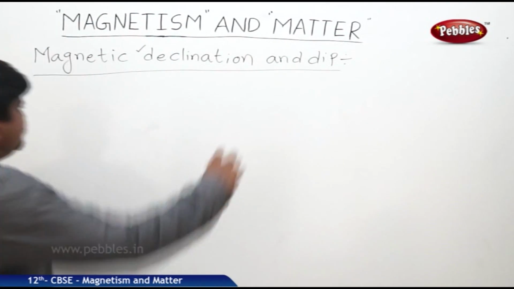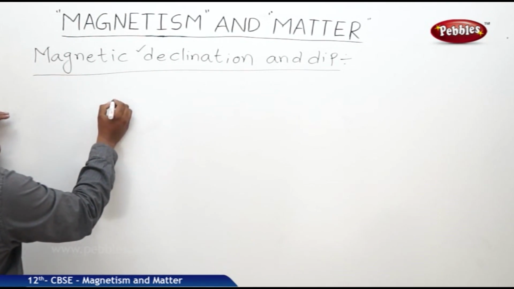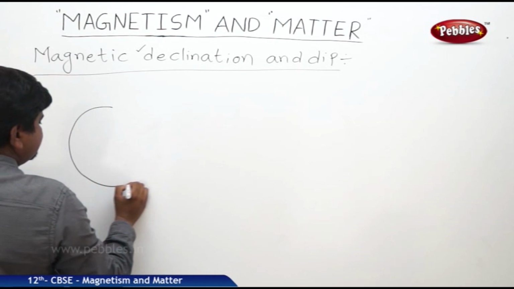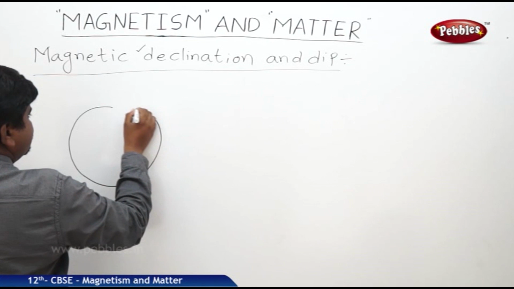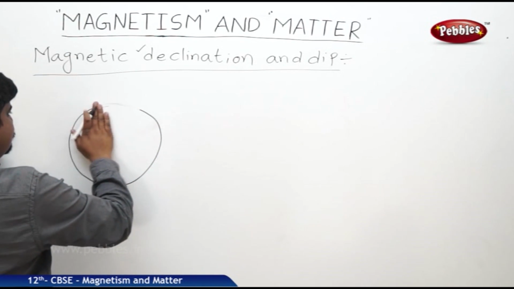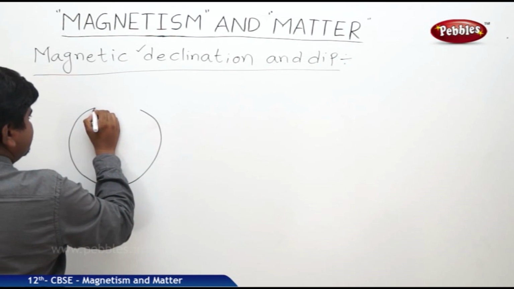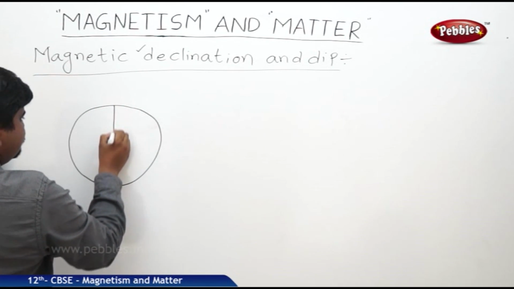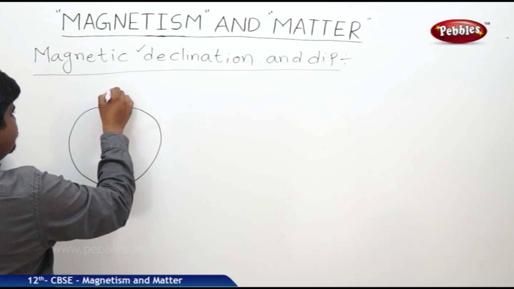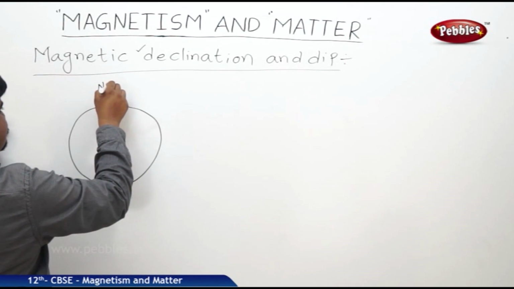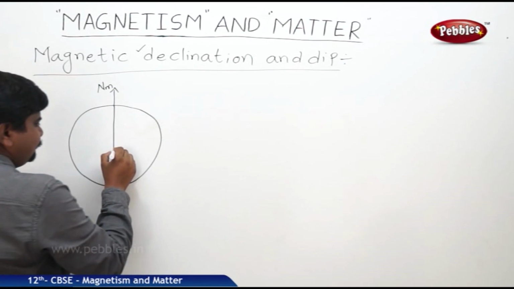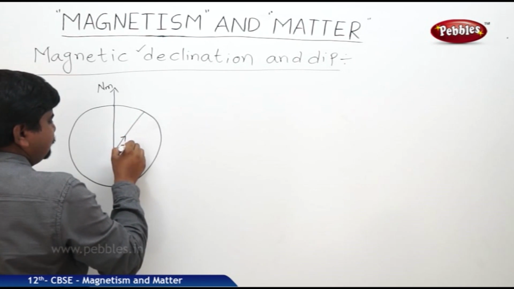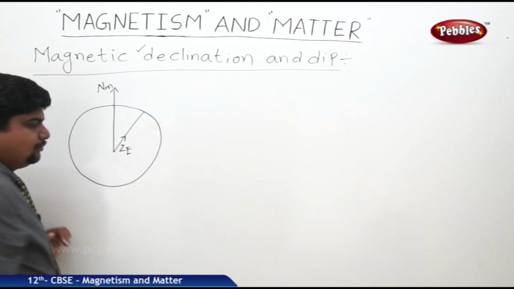Spherically, this will be written in a different way. The spherical shape of this Earth's magnetic field will be like this. Here we are taking a sphere. This is the actual magnetic north. This will be ZE.